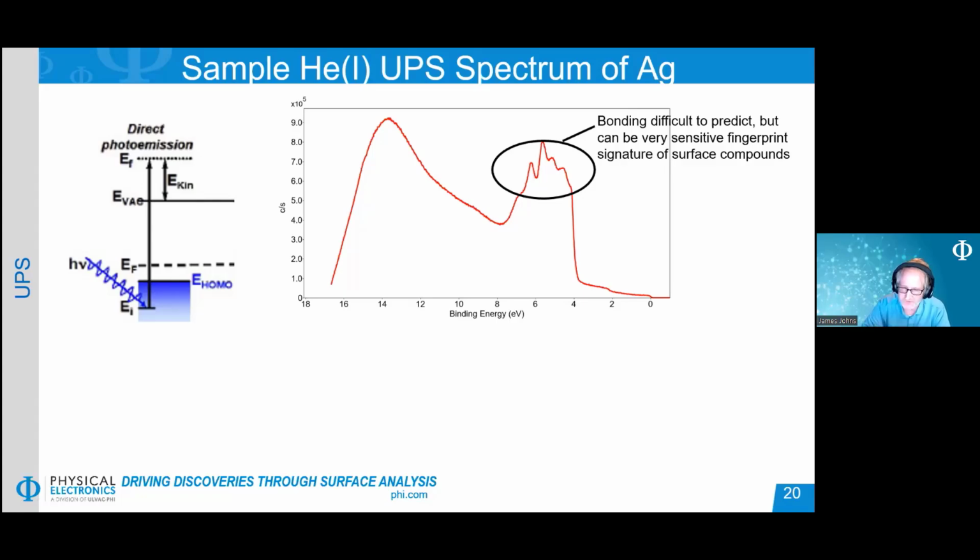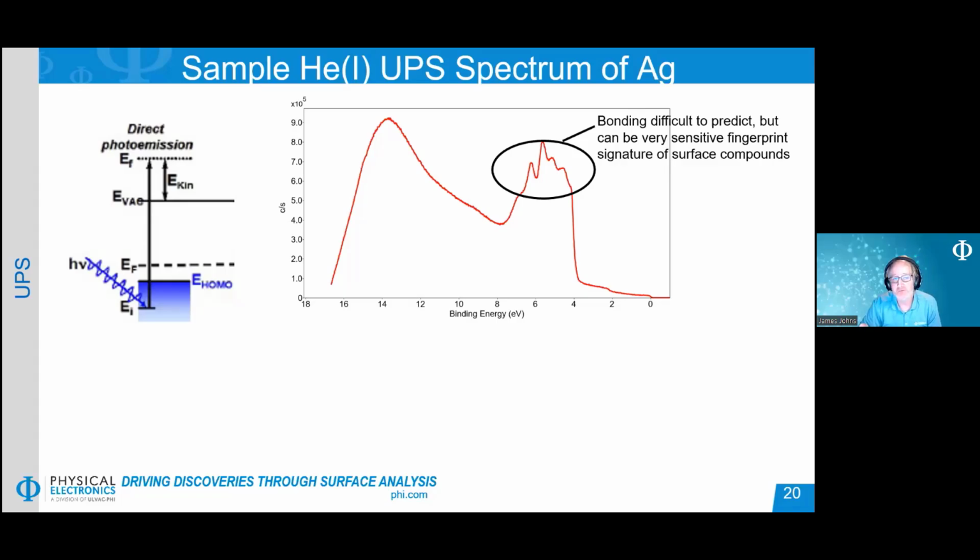They're not specific to an individual atom, but instead to the chemical environment that the electrons are experiencing. They're delocalized, and they're very sensitive to chemical bonding. So you can't predict these without doing DFT or some other electronic structure calculation, but they are very specific to every individual material. And so you can use these features as fingerprints for whether a species is present at the surface.